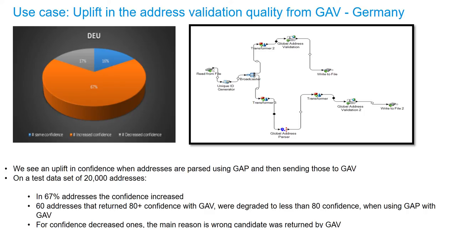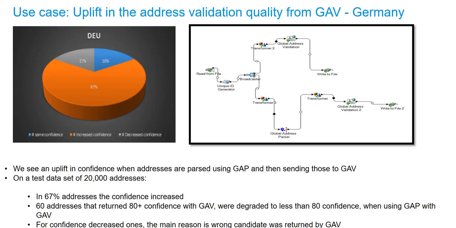So one of the reasons for developing the address parser was to uplift address validation. If you have better parsed address components, you obviously have a better chance of validating the address.